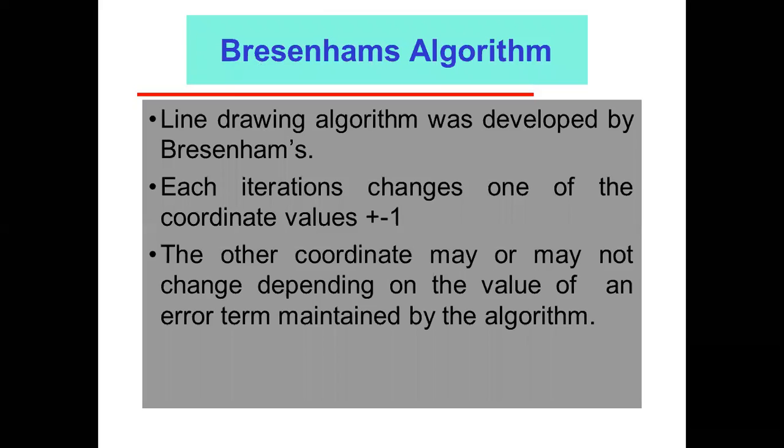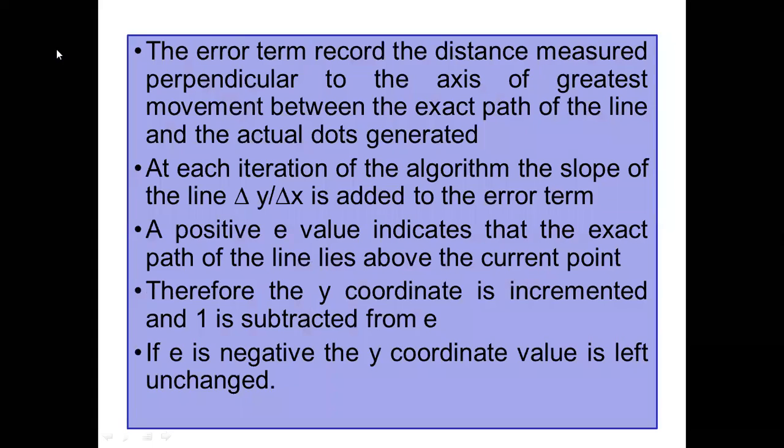In this case, we will do a lot of iterations, and with the help of these iterations, again we will get the values of x1, x2, x3, x4, and similarly y1, y2, y3, y4. But the working methodology is different, and we will get different values of x and y, and ultimately we will get straight lines in this case also.